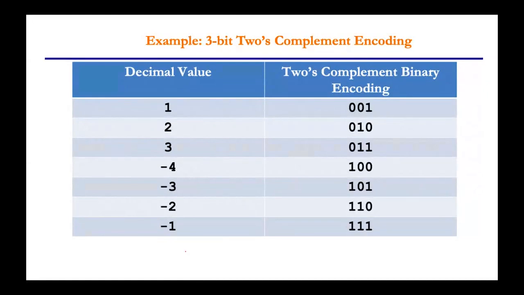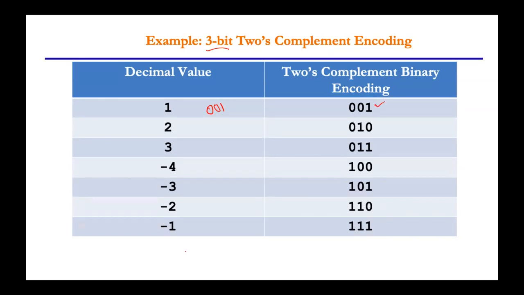So as we said, here is the 3-bit two's complement encoding for the decimal values 1, 2, 3, -4, -3, -2, -1, and we need to choose the equivalent complement binary encoding. As we just saw, for two's complement, any positive number is equal to its binary representation. So for 1, the binary representation is 1 only, but we are using 3 bits, so we add 2 zeros, and it is positive, so obviously 001.